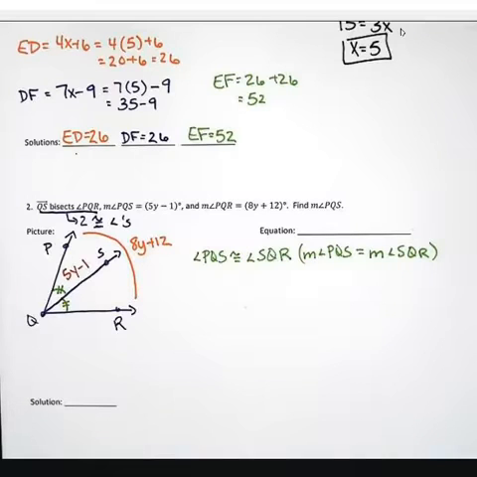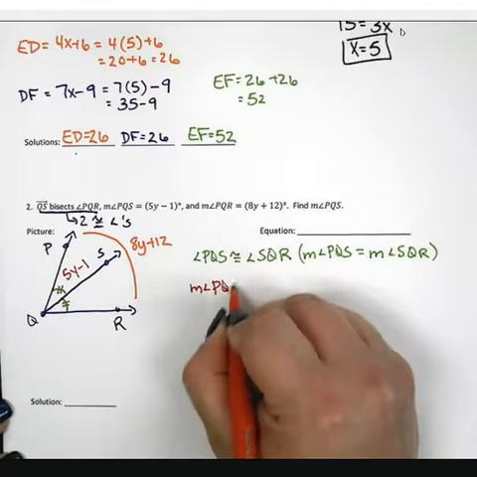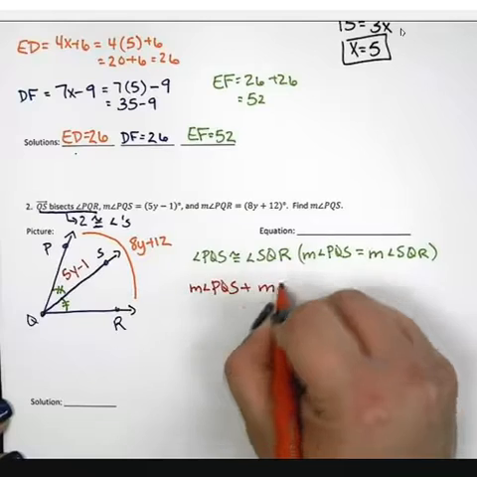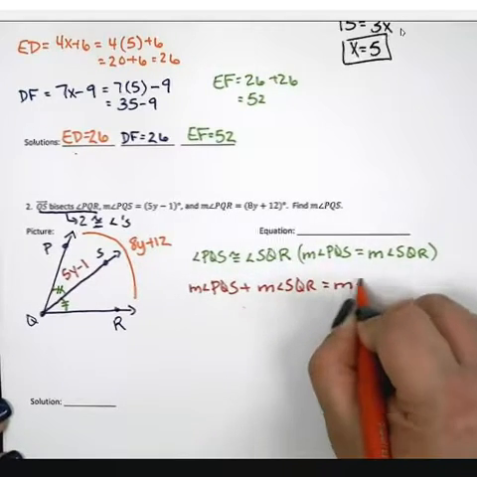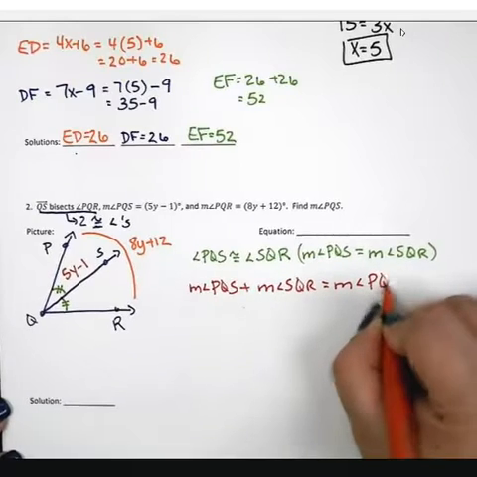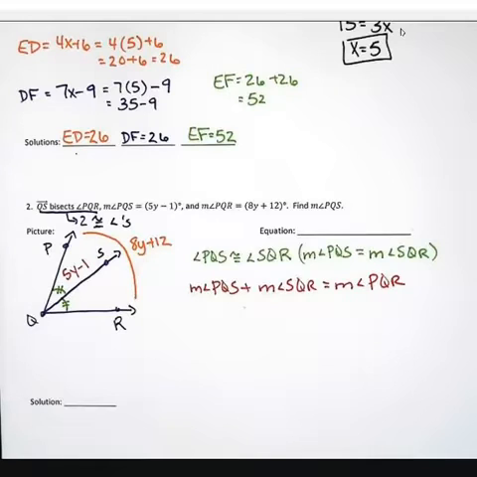But we also know from our angle addition that the measure of angle PQS plus the measure of angle SQR has to equal the measure of angle PQR, the whole thing. So that's from our angle addition. Well, we need to figure out which equation actually makes sense here.